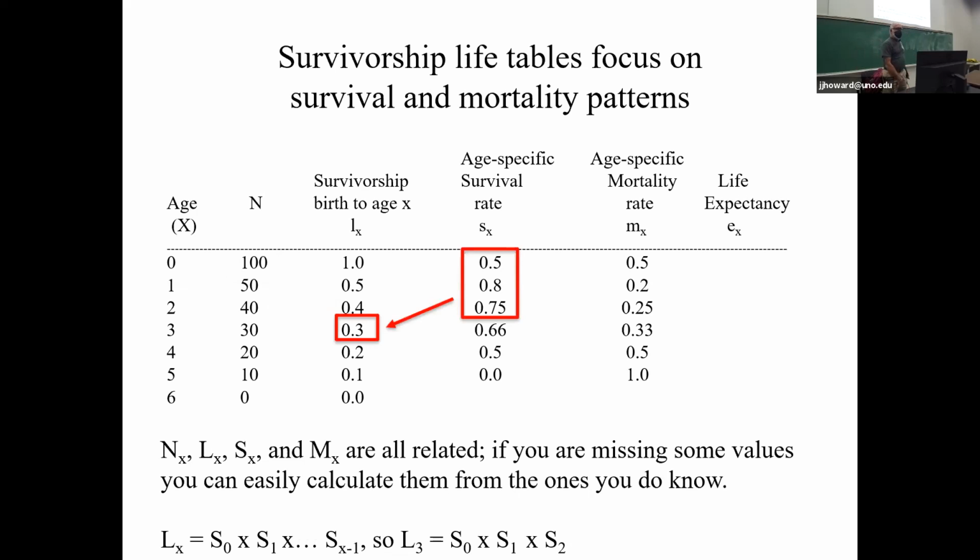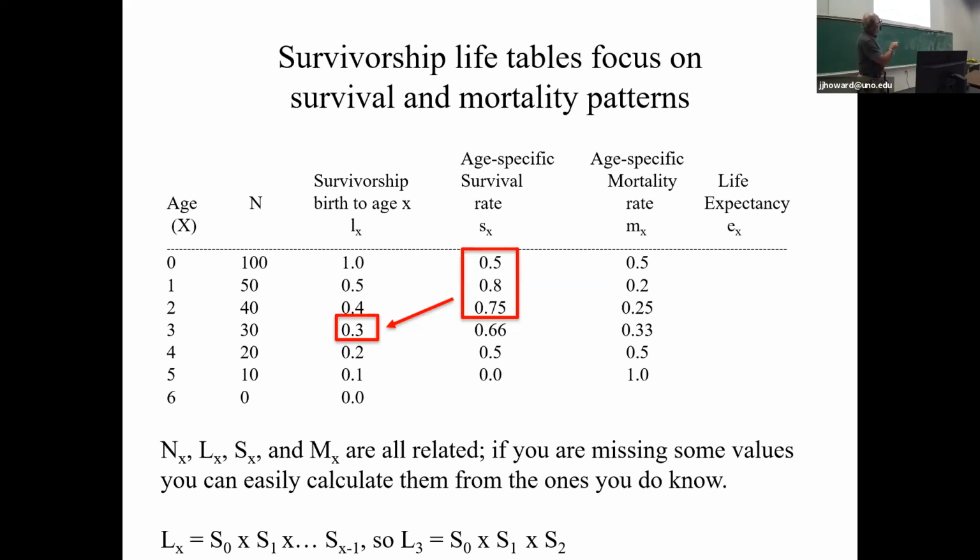All right, if you're missing survivorship, you can always calculate survivorship by dividing the numbers in the N column. If you're missing 0.3, that is L sub 3, you can either divide 30 by 100, which is what we did originally, or notice something else here.